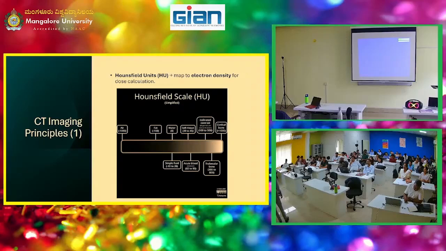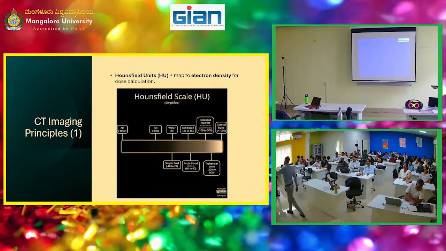Air, which as you can imagine in a CT scan is black, is negative 1,000. Whereas thick bone is white, as you know, right? When you look at an X-ray or a CT scan, whatever is white is bone. It's hard, dense. Soft tissue is in between.